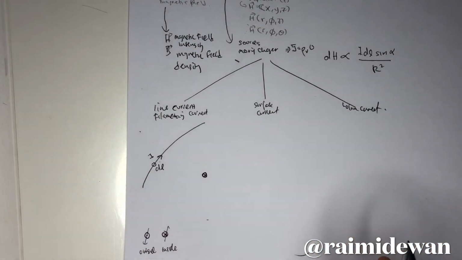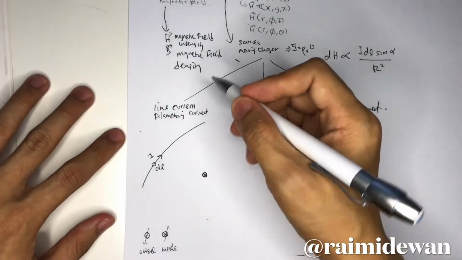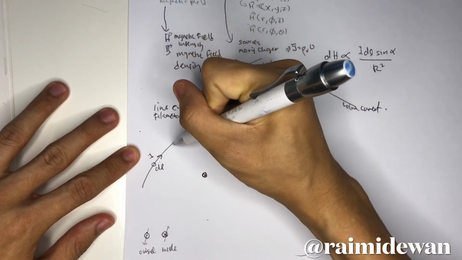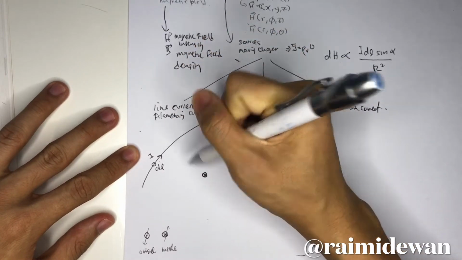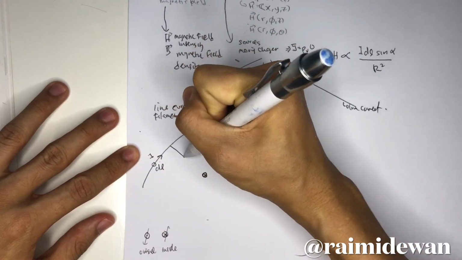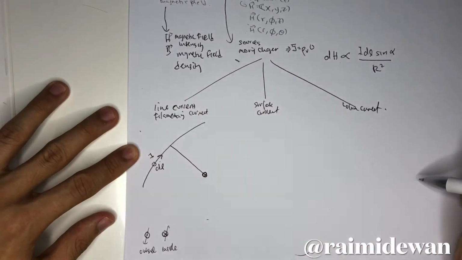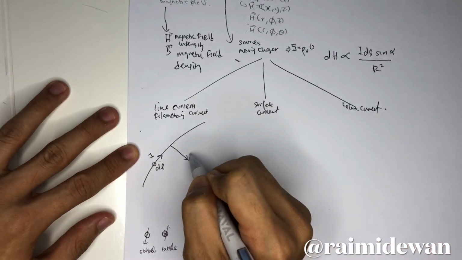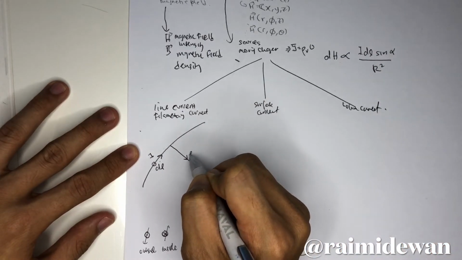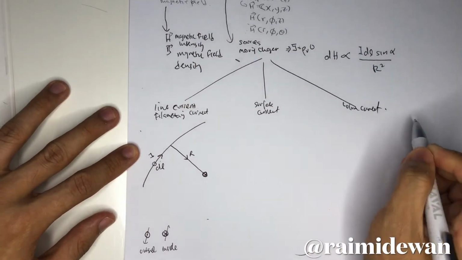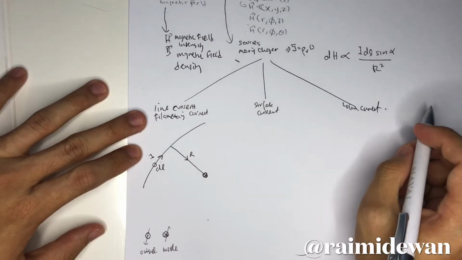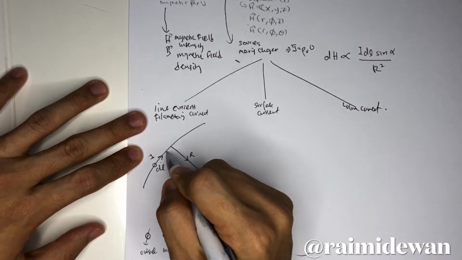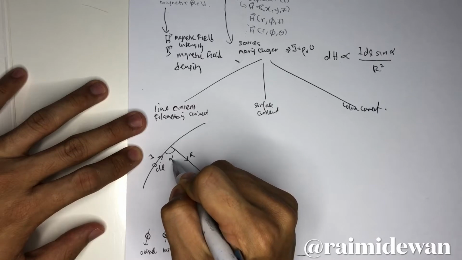Now let's say we want to take a sample from here, this is our point of sample. We do the same as in electrostatics. We take a unit vector, with this as your direction, going towards here. The angle created from here to here is your alpha.